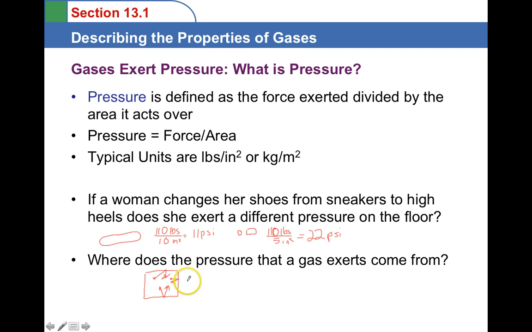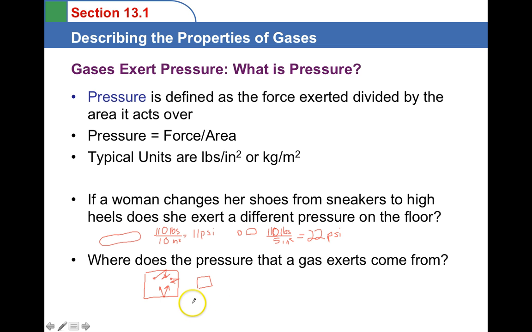Likewise, if we decrease the volume, if we reduce the size of the container, the same number of particles do not have as much room to move around. They hit the sides more frequently, which causes an increase in pressure. So just remember, pressure when it comes to gases is the number of times that molecules are bouncing off surfaces. That's where we're getting our pressure from.